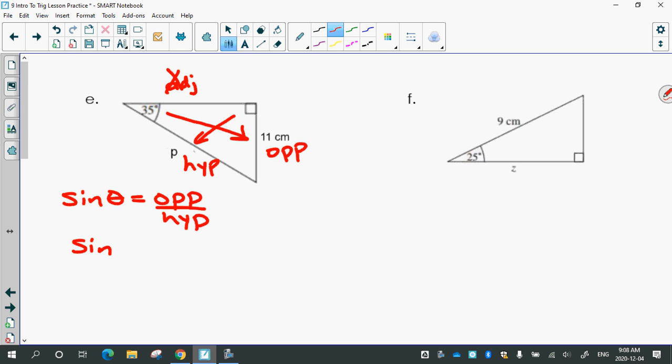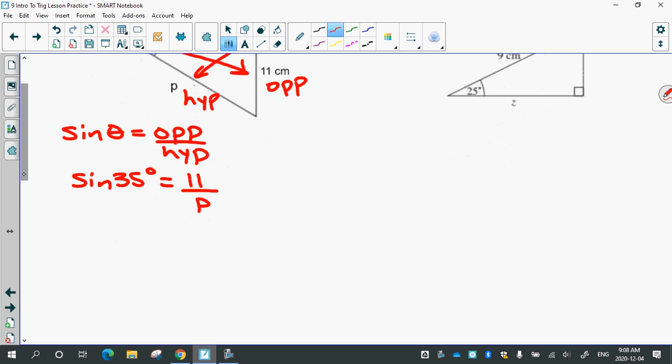So sine of 35 degrees is 11 over P. So a little bit trickier one, where you have to multiply both sides by P first.